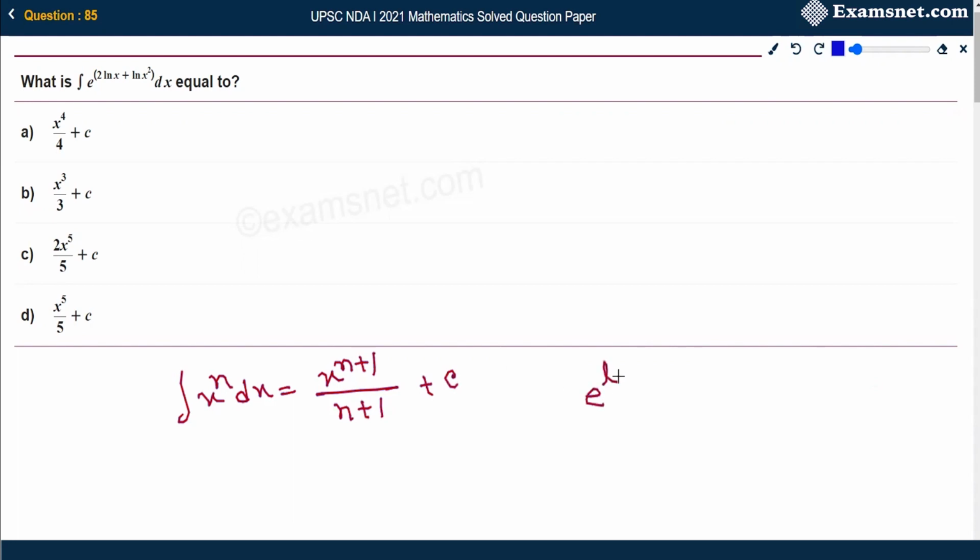Also, e to the power ln x can be written as only x, because ln is already defined for the base e.